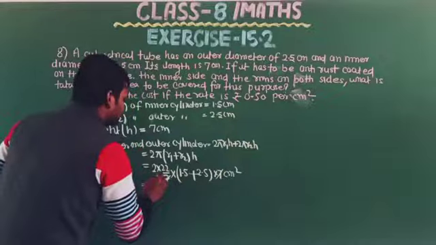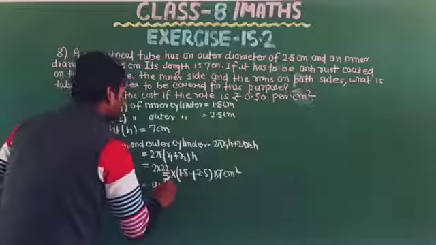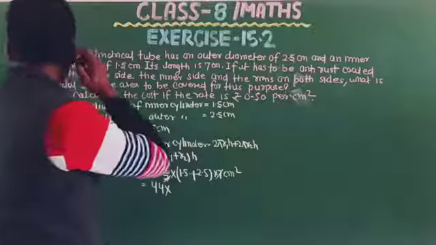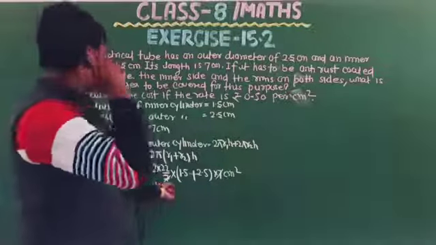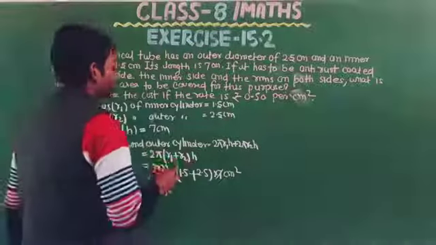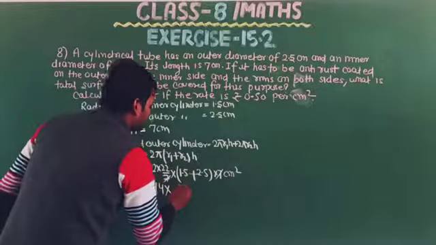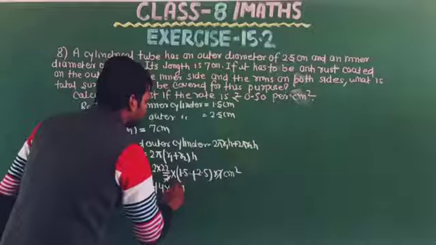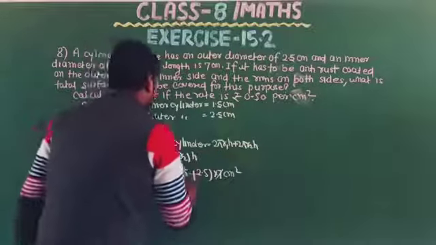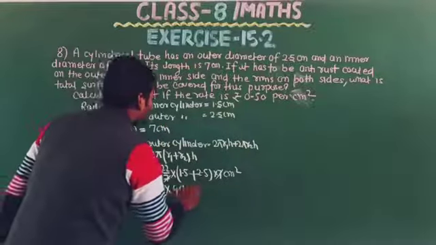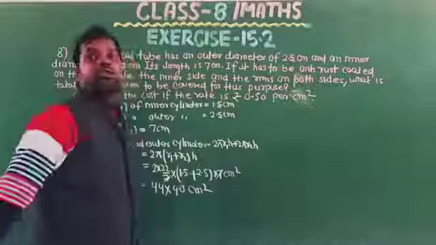This is 2 into 4, 8, into 1.5 plus 2.5, which is 4, centimeter square.